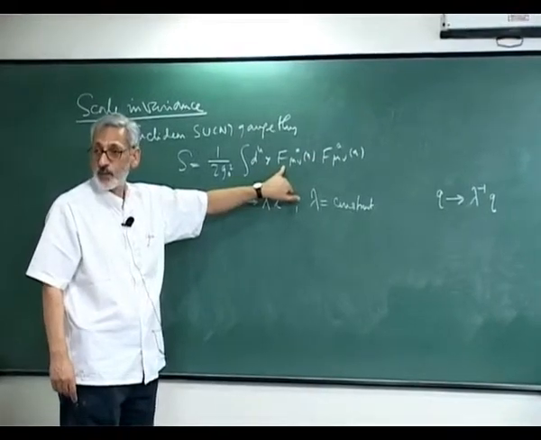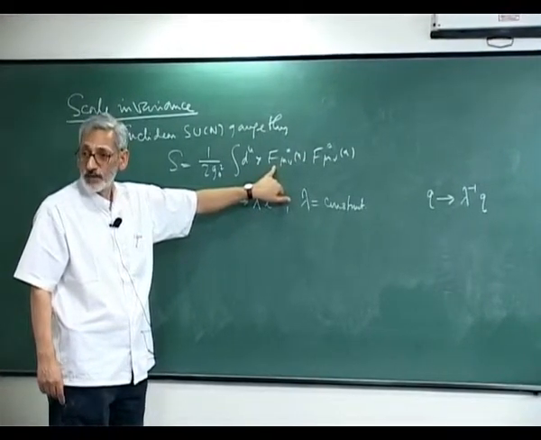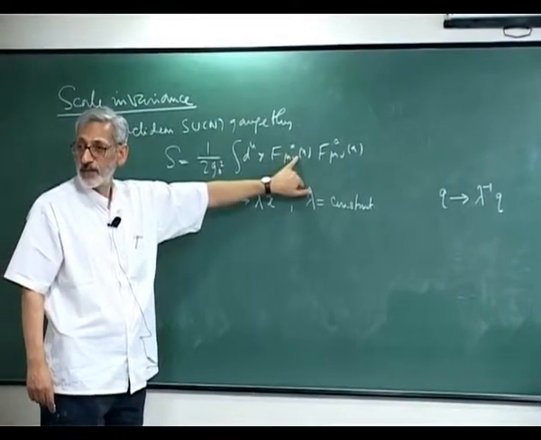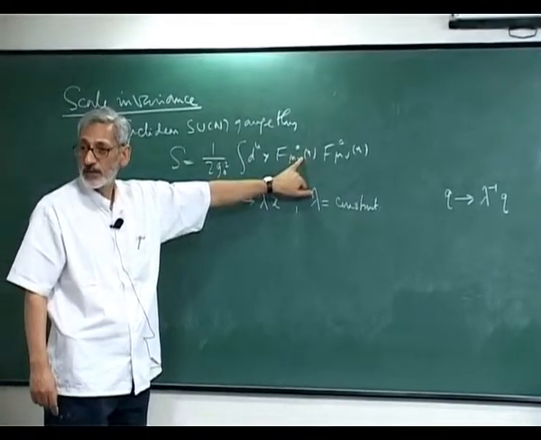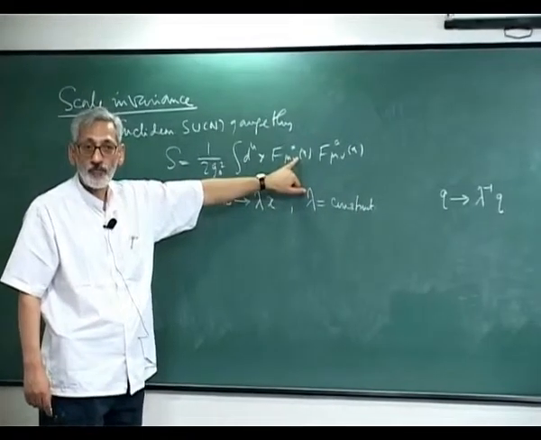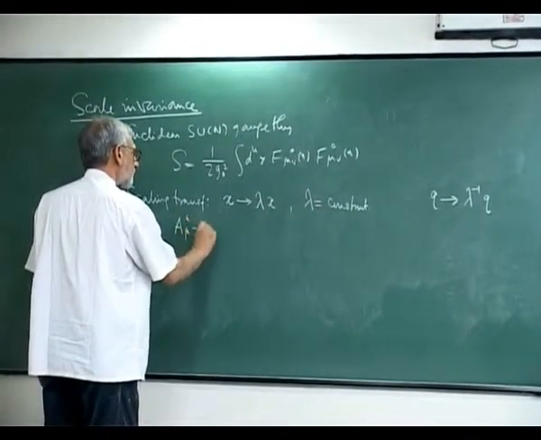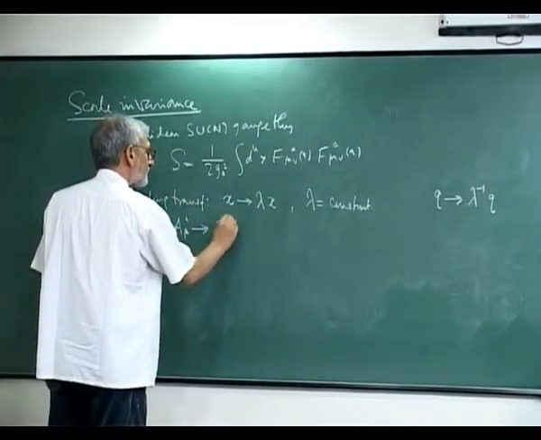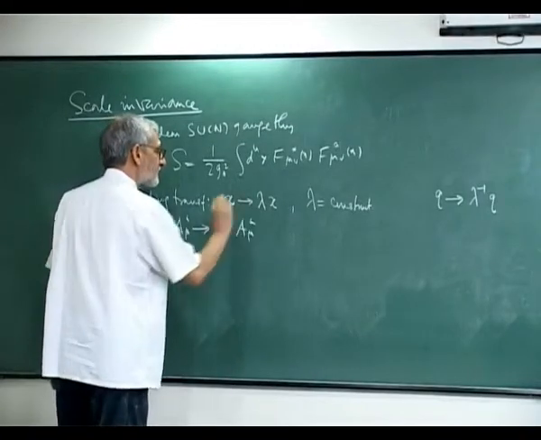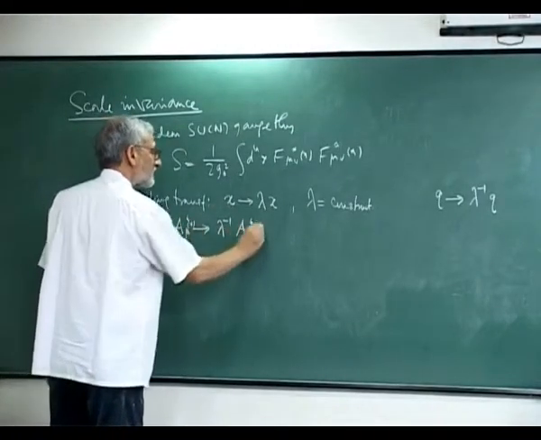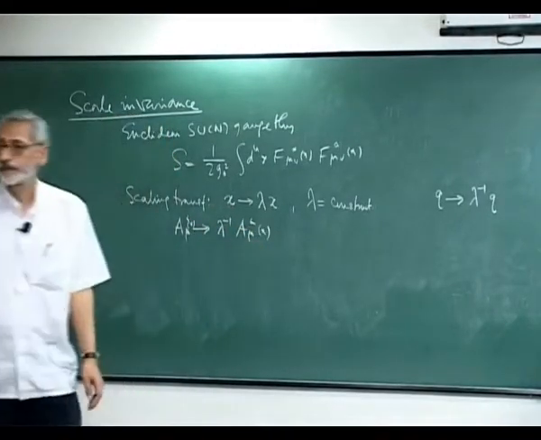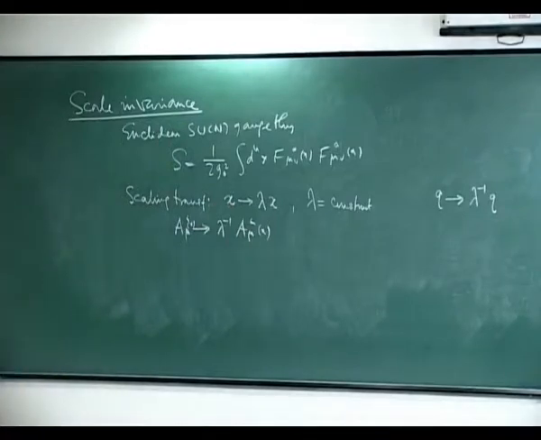The derivative has mass dimension 1, so A has to be length dimension minus 1, or mass dimension 1. Is it clear?